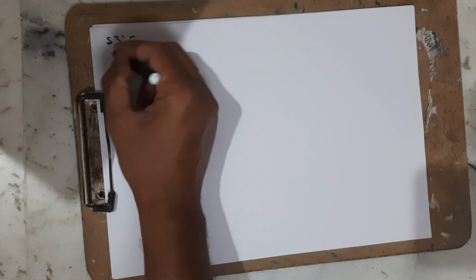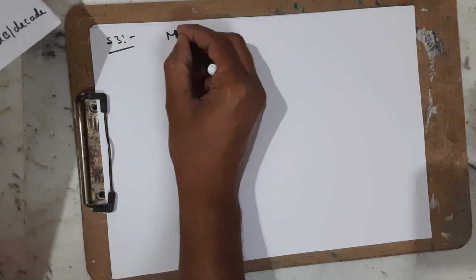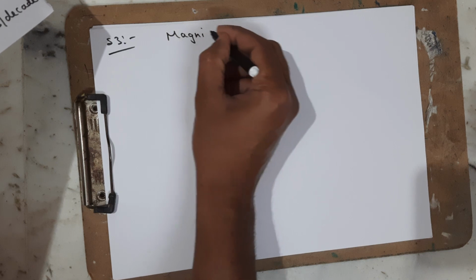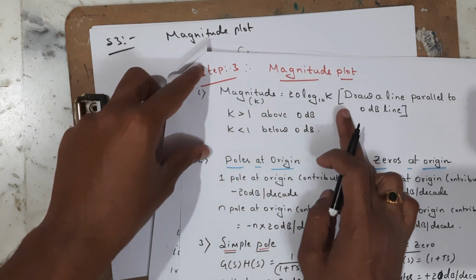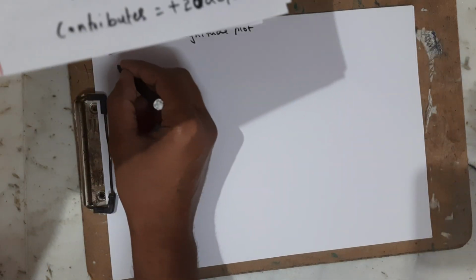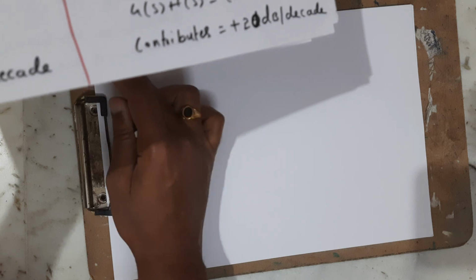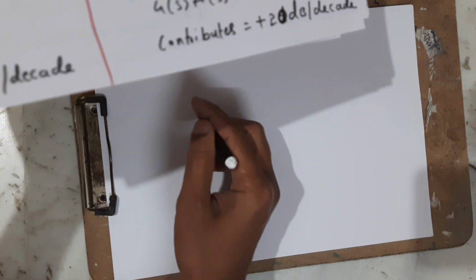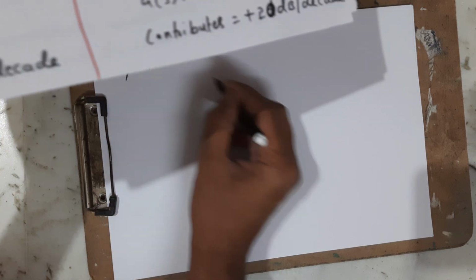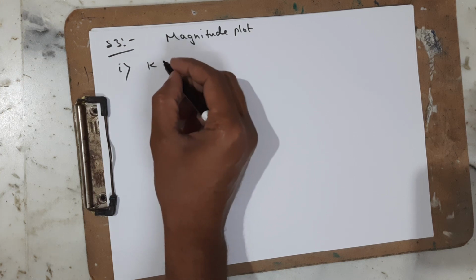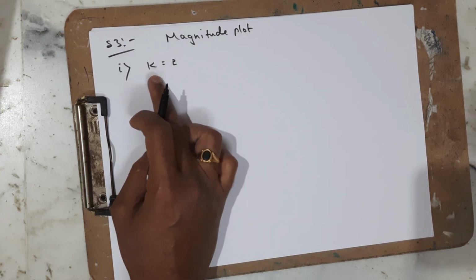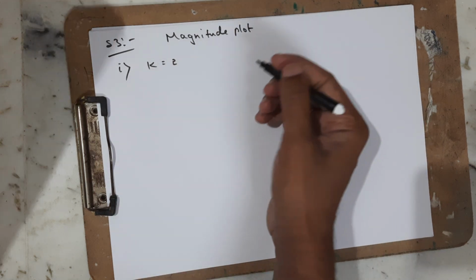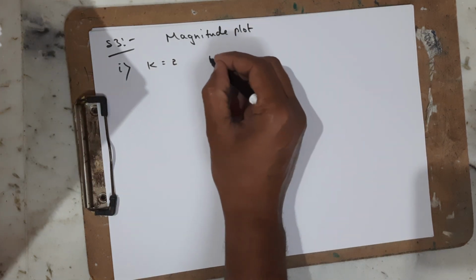Step number 3, that is to draw magnitude plot. Okay, so what is the contribution of k? In this step number 3, first factor, that is k. So k is how much? K is equal to 2. What is the contribution of k to the magnitude plot? That we can find out.